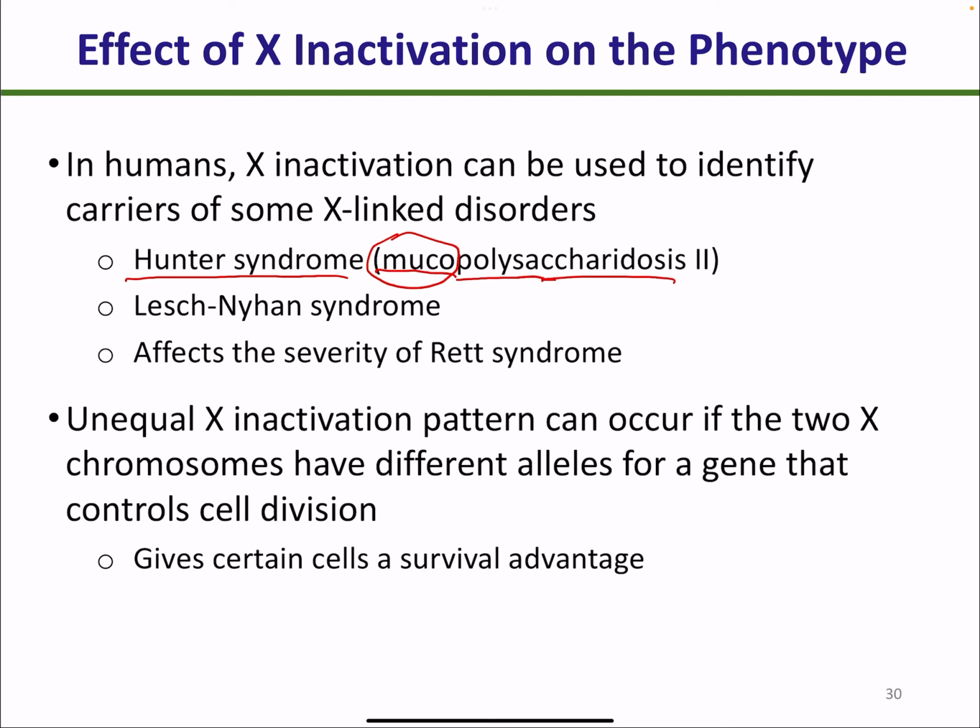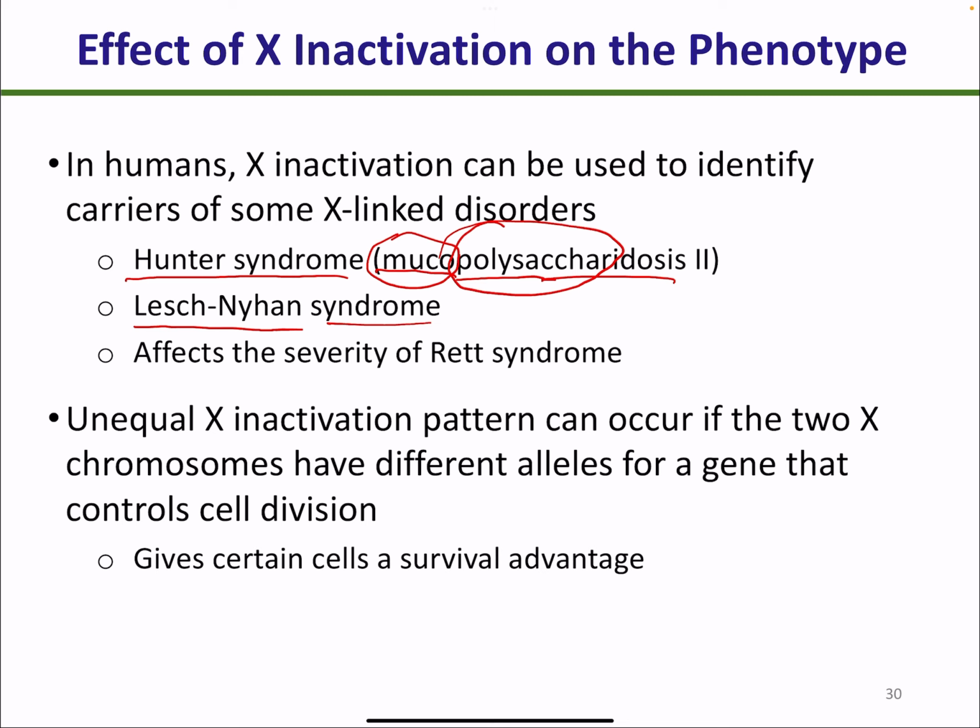So basically here you have a lot of sugars, complex sugars, in the mucus of people with Hunter syndrome. Then you have Lesch-Nyhan syndrome. Man, I'm drawing a blank. I don't remember what that is. I just read about it, but I'm just drawing a blank.